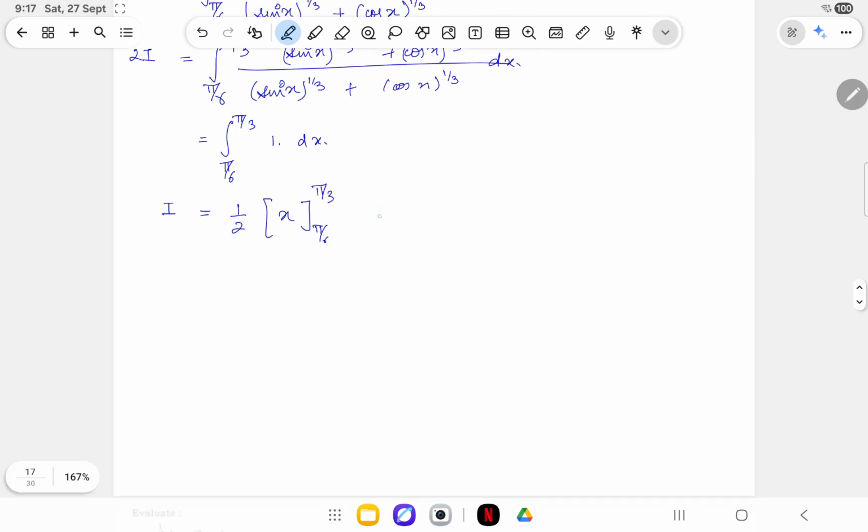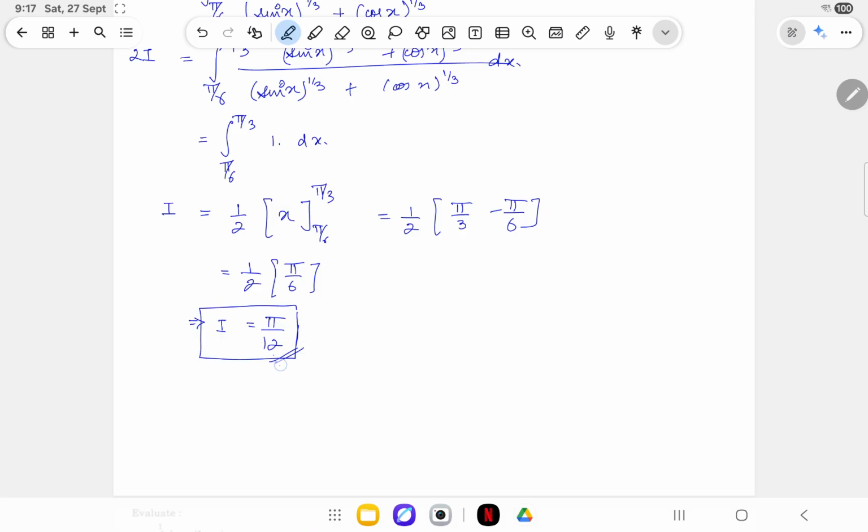That gives us I as 1 by 2 into (pi by 3 minus pi by 6), that is 1 by 2 into pi by 6. So from here I got my I as pi by 12. And that's what we are supposed to find in this question. So let's move on to the next question.